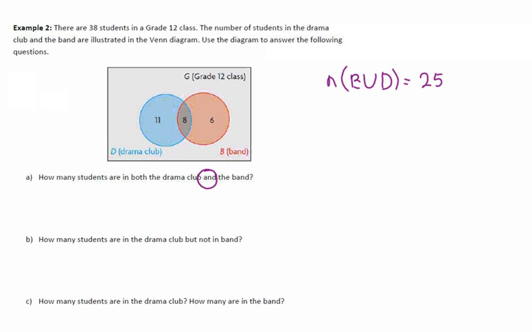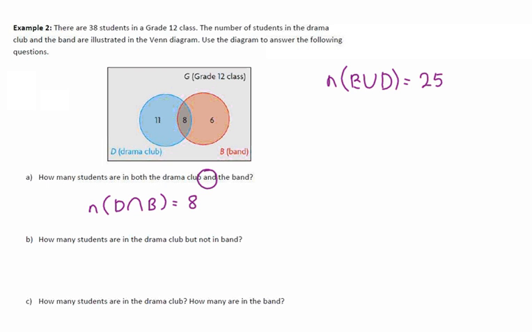You see that word and? That's their intersection. So they're asking the number of students in drama and band. It's good for you to write this notation in your homework because then you really get familiar with it. So don't just write 8, write the proper notation when you're doing your homework today.